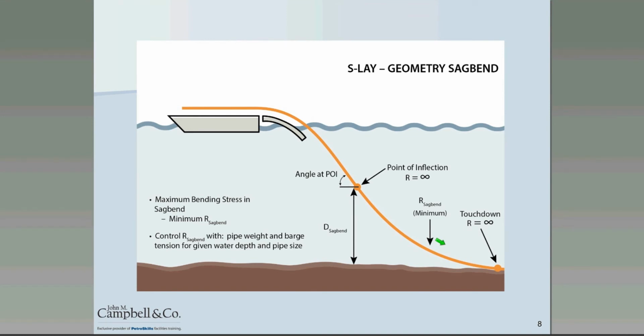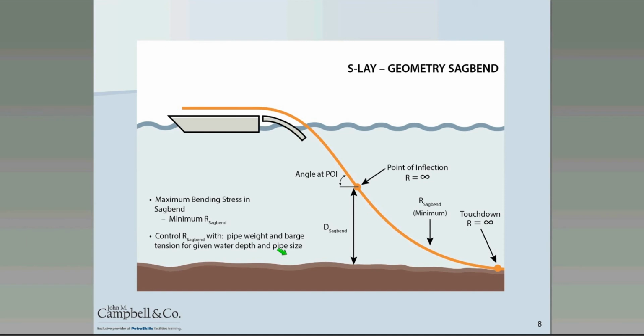And as with any catenary, water depth is going to be a key variable. The size or strength of the material is going to be a key variable, and its weight is going to be a key variable. So to control the configuration in the sag bend, I need to control pipe weight, and I need to control pipe tension for a given pipe size configuration. Okay.